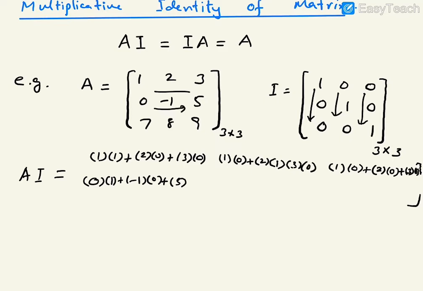Second row will multiply with the first column. So 0 minus 1 and 5. Here it is plus 1 plus 0. So 0 into 0 plus minus 1 into 0 plus 5 into 1.